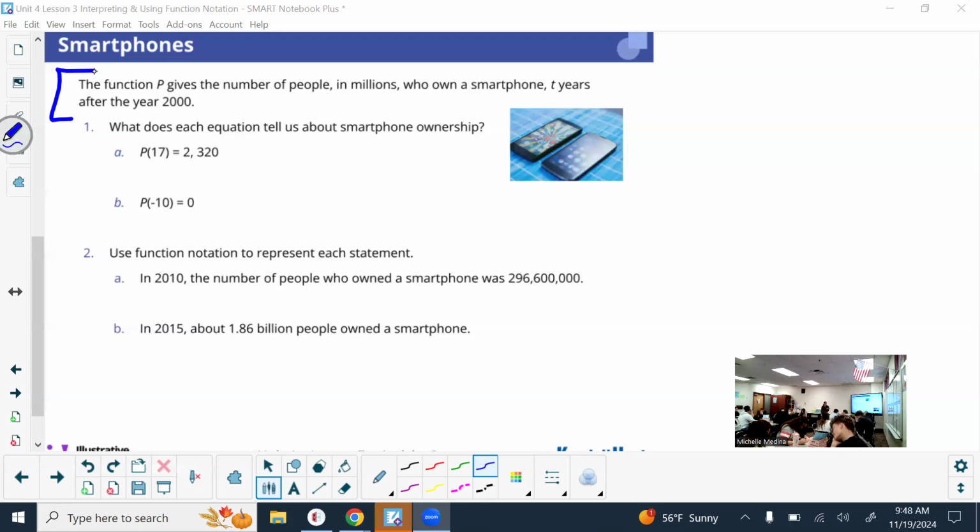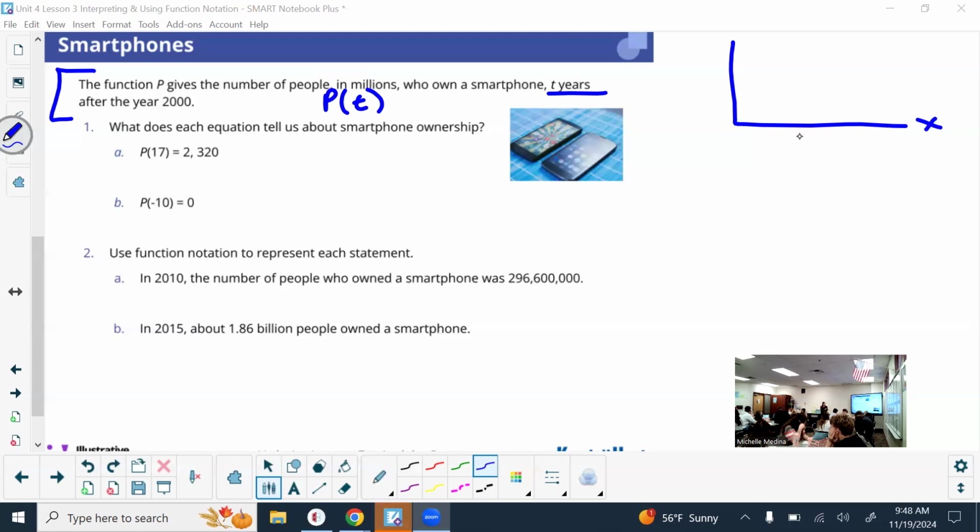Okay, well, that is one of the variables. The one that refers to the input is actually going to be T for years. So when you are deciding, because it didn't have it in function notation to where you could see that T is the input, T is in the parentheses, so you just had to compare years versus number of people. What is more dependent and what is more independent?